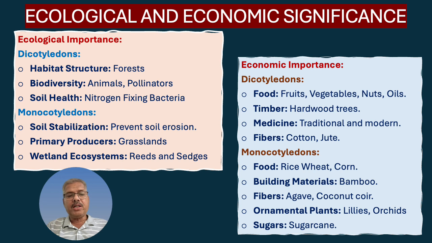Many monocotyledons, on the other hand, are the sources of some of the world's most critical staple foods, including rice, wheat, and corn, which contribute to a substantial portion of the global calorie intake. Bamboo, a monocot, serves as a sustainable building material, and fibers like agave and coir are also harvested from monocots.